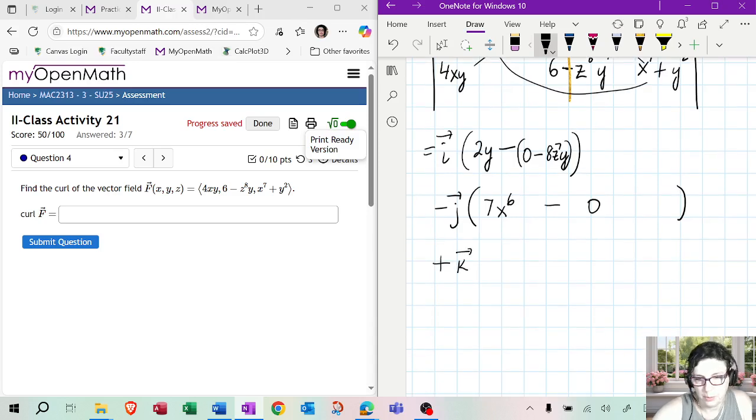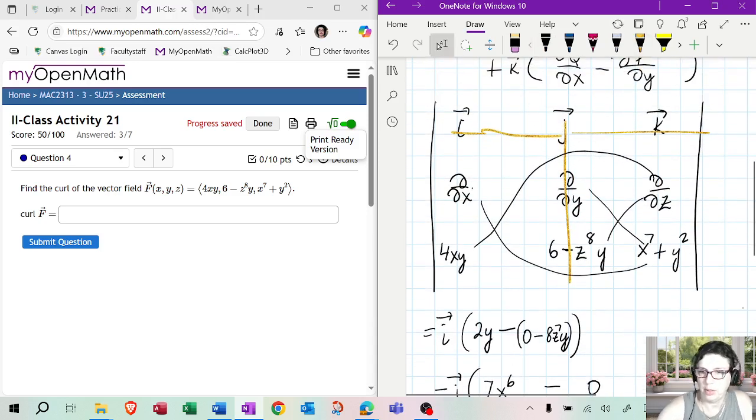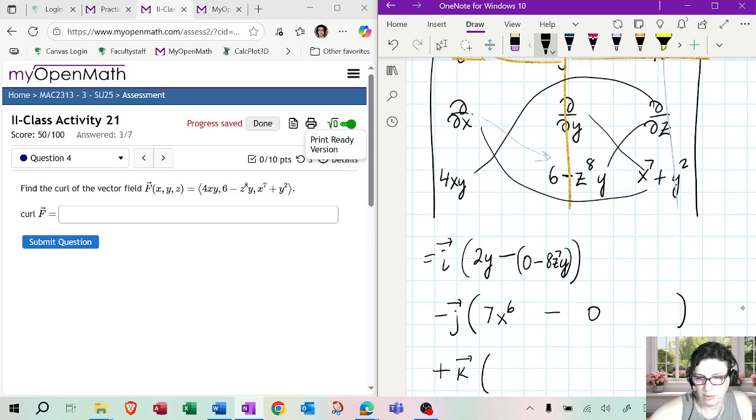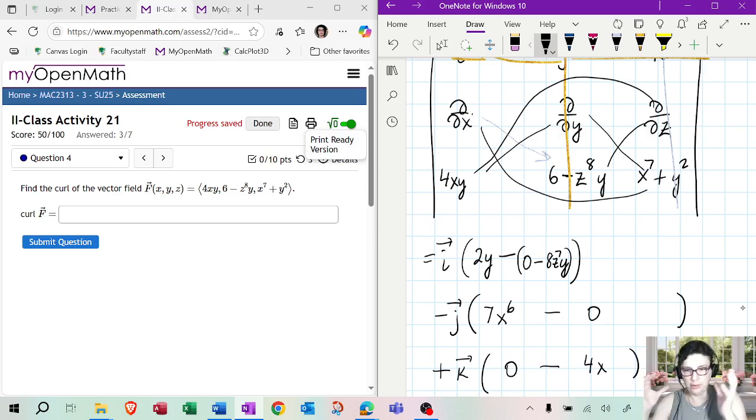Then the kth component, finally the k. So let's cross out this row, this column, and we are taking the derivative of this guy with respect to x first, but it doesn't have an x, so that's 0. Minus, then it's going to be this with respect to y. Well, that would be 4x, right? Because it's like number y, it's a number.